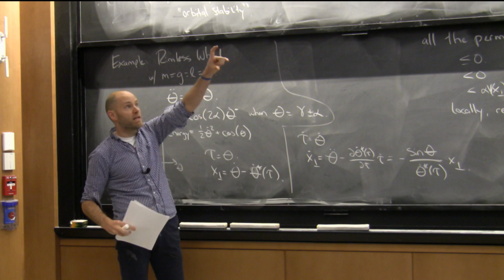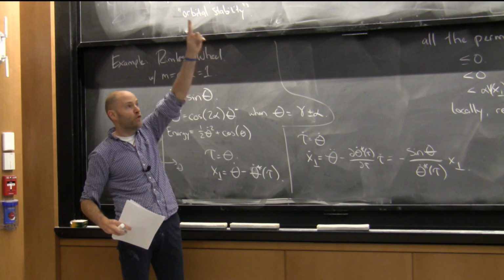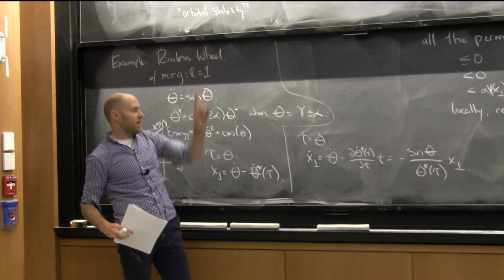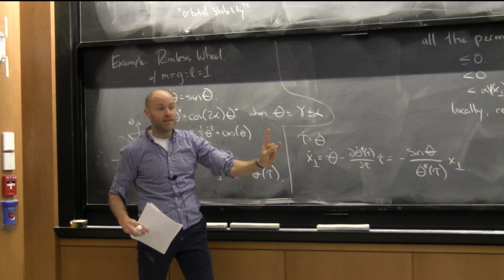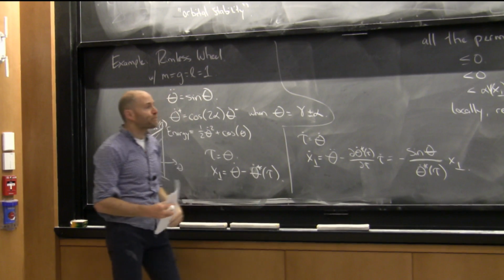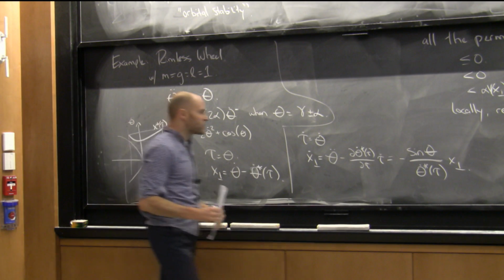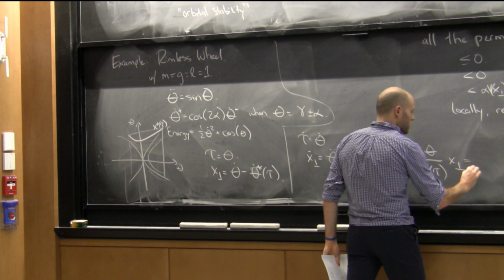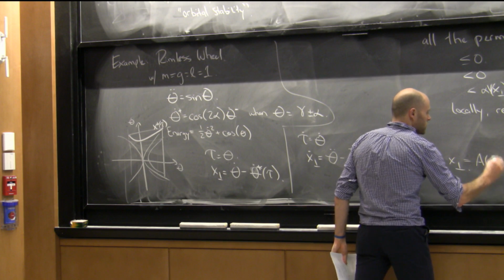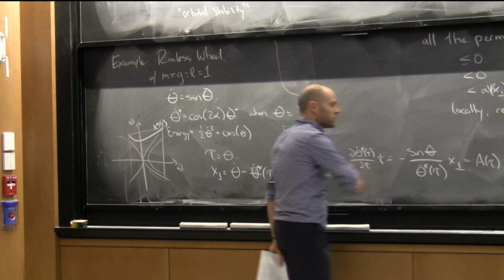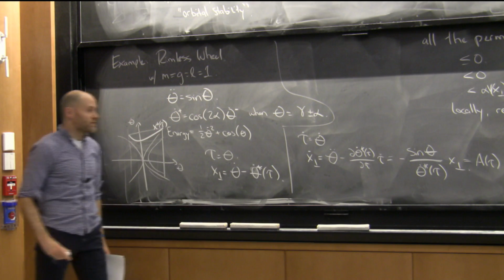And that's telling me how fast I am going up or down in that axis as a function of tau and theta dot. It just so happens that this system is linear in the transverse coordinates.